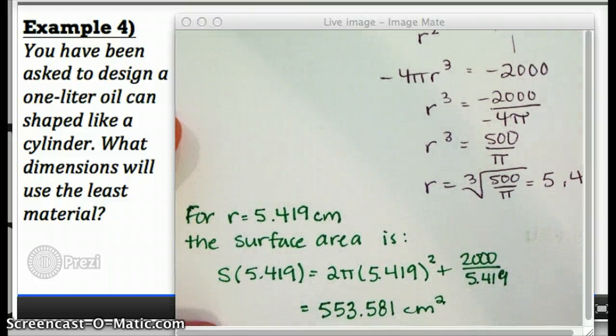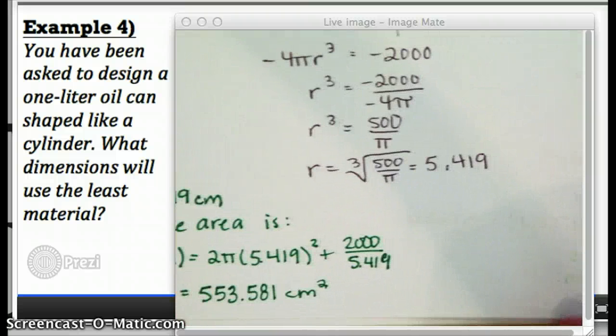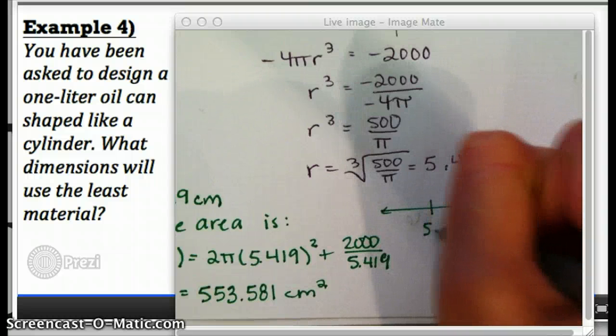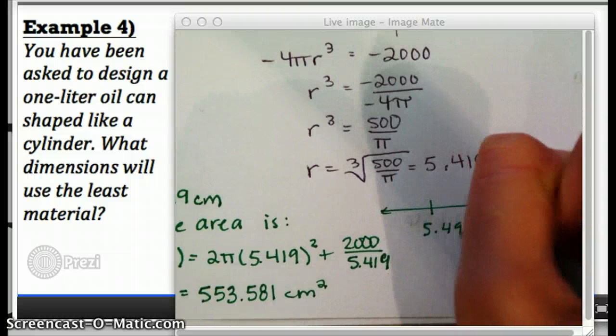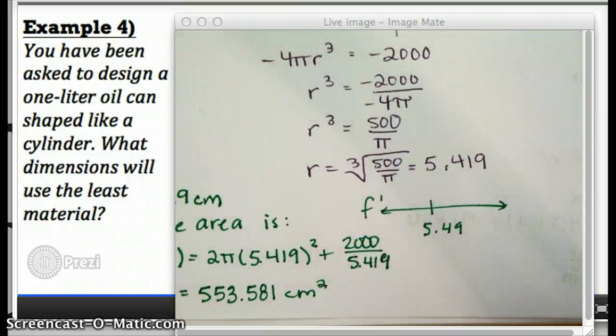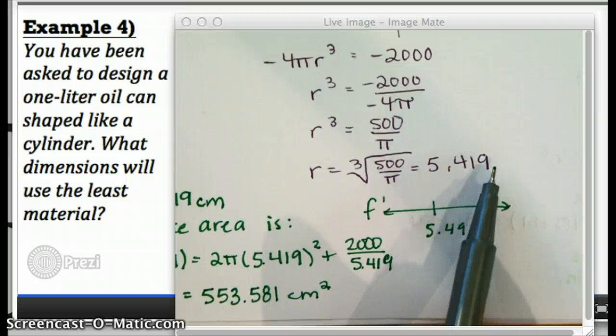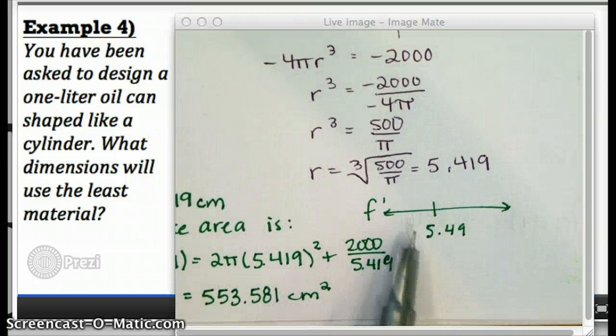To prove that this really is the minimum, I set up a little number line and plot my critical point, which is 5.419. Then I plug back into the first derivative to check the sign. Oftentimes you can use your calculator to help you with this or just estimate. A number smaller than 5.419 that I could test would be 1.